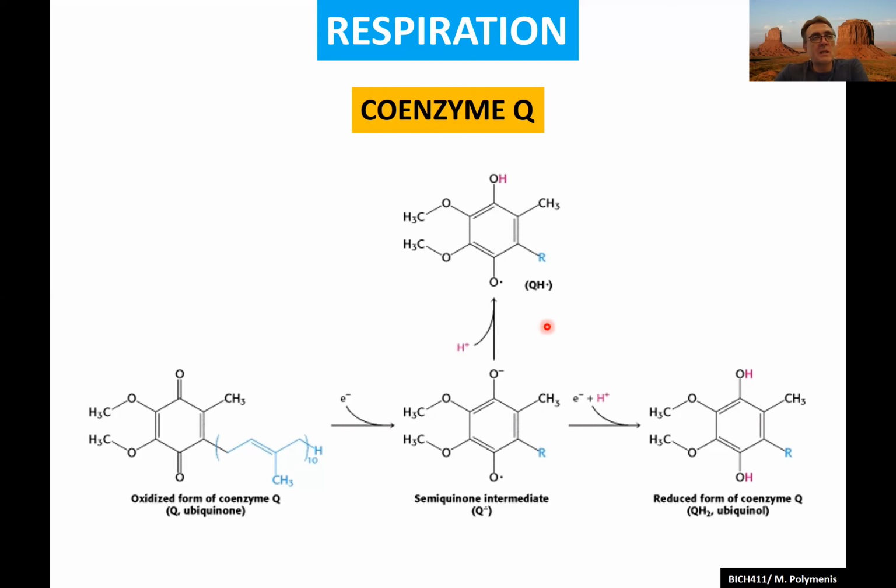Just like the flavoprotein components of the electron transport chain, this coenzyme Q can move 1 or 2, depending on whether it's in the fully oxidized form, the keto form, ubiquinone, or in the reduced form, where these oxygens will be in the hydroxy state, so alcohols, and that will be the ubiquinol.